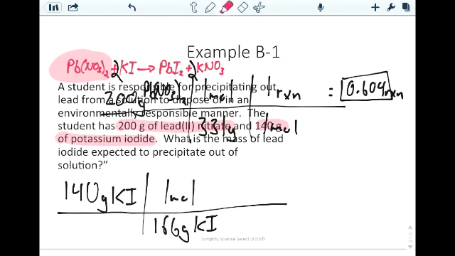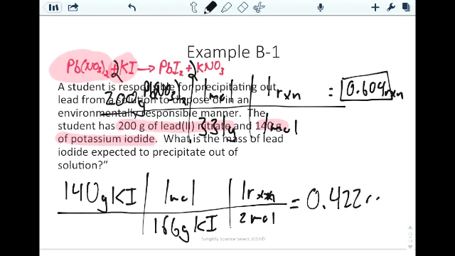And in our reaction, we see that there's 2 moles in our reaction, so 2 moles in 1 reaction. And we see that it produces right around 0.422 in a reaction. So this is obviously less, so therefore this is our limiting reactant.